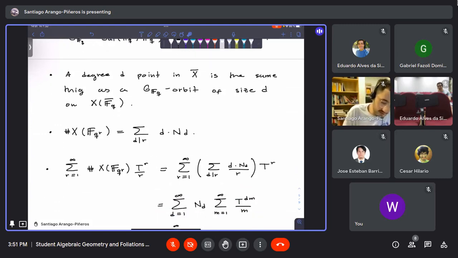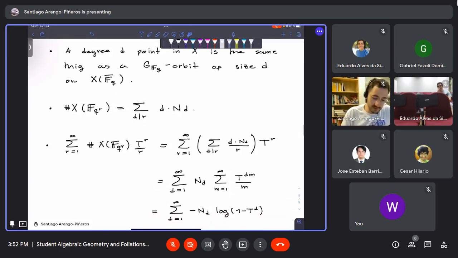Right, so just using this fact that a point of degree d is going to be a size d orbit of the action of the Galois group on my geometric points, then I can write the points in F_q to the r as a disjoint union of all the points of degree d dividing r. And this gives you this interesting convolution formula for the number of points. So it's basically over all divisors of r, you multiply d by the number of points of degree d. And that gives you the total number of points.